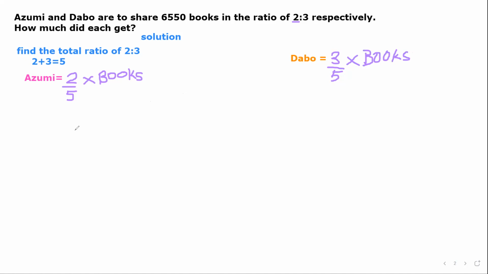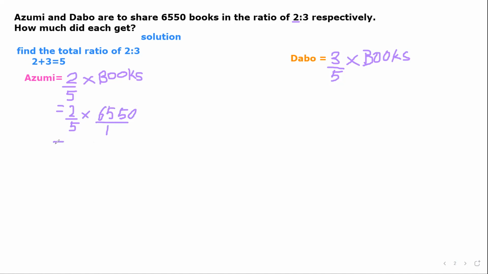good. Now you go back to statistics. We have the 2 out of 5 times the total quantity of the books, which is 6,550, with every whole number being over 1.